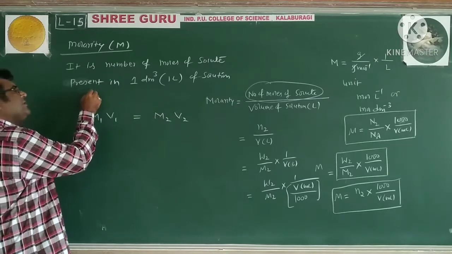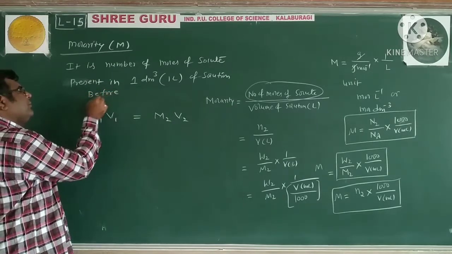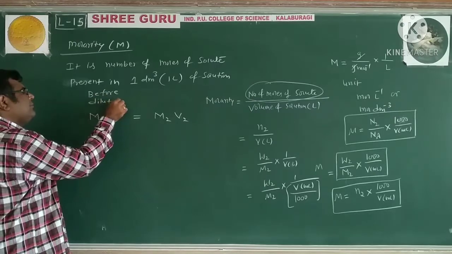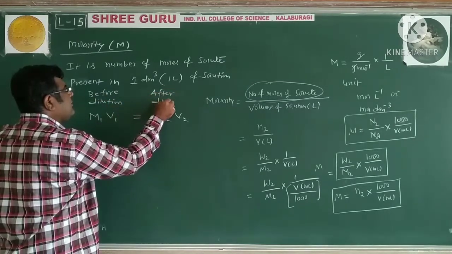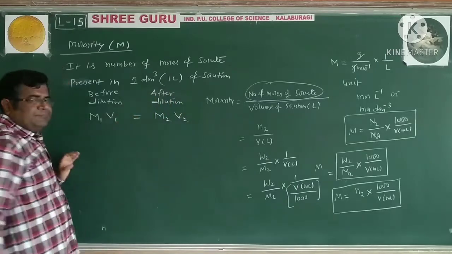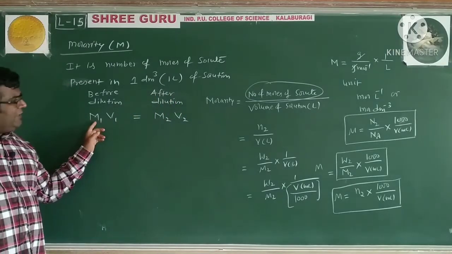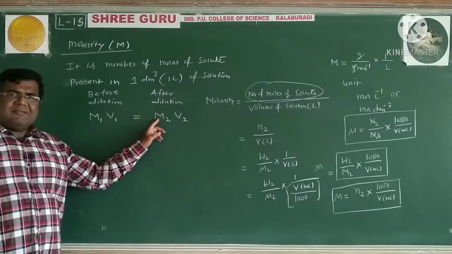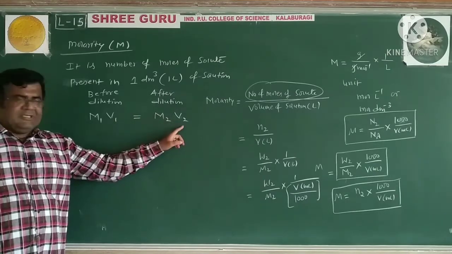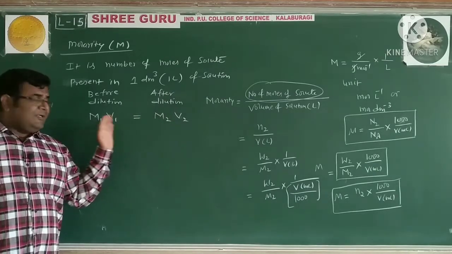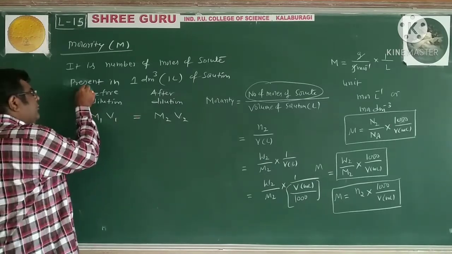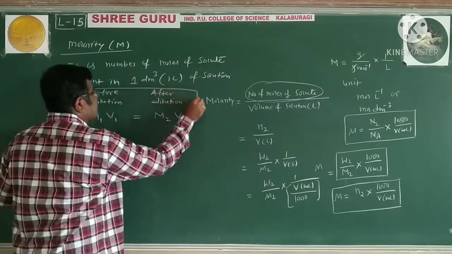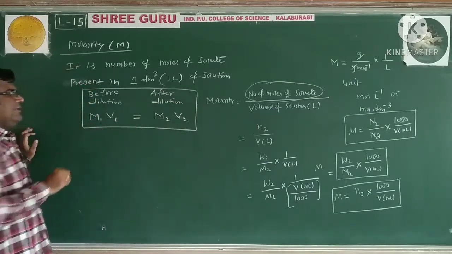This is called before dilution, and this is called after dilution. If molarity decreases, volume increases, in such a way that M1 V1 is equal to M2 V2. We can use this in questions so that we can understand this in a better way.